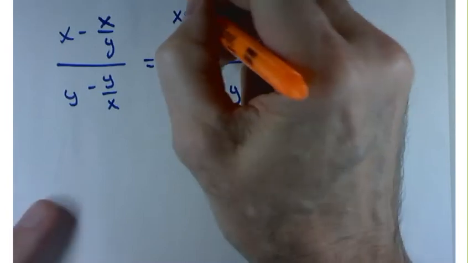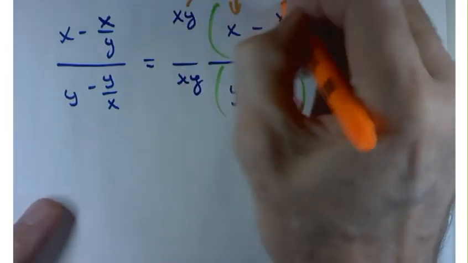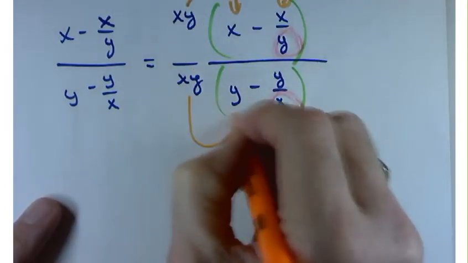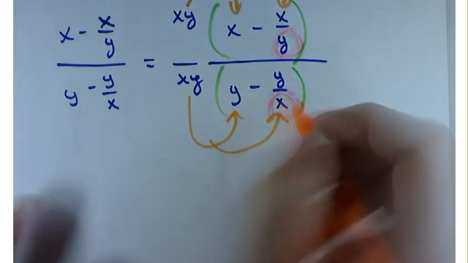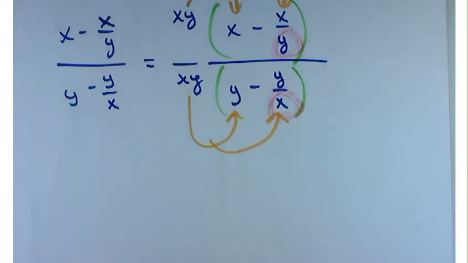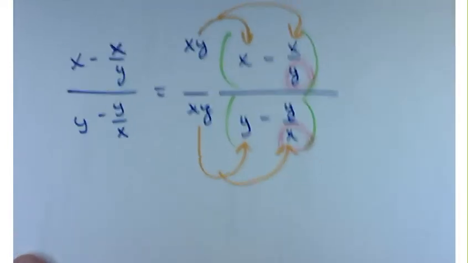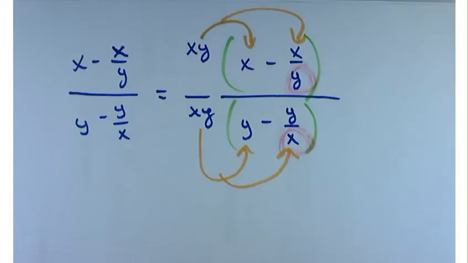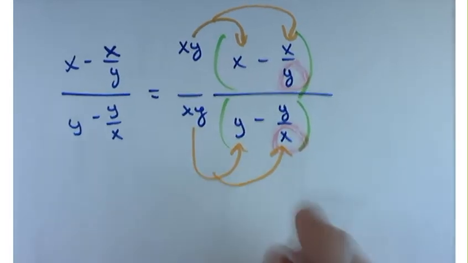I'm going to distribute this term to the first term and the second term. And likewise in the denominator, that xy is going to have to distribute itself to both terms. Okay. So let's write that out. Let's see what that's going to equal.